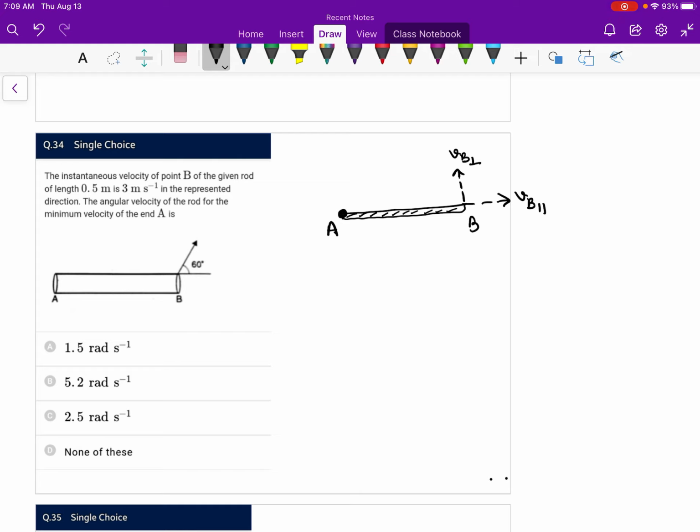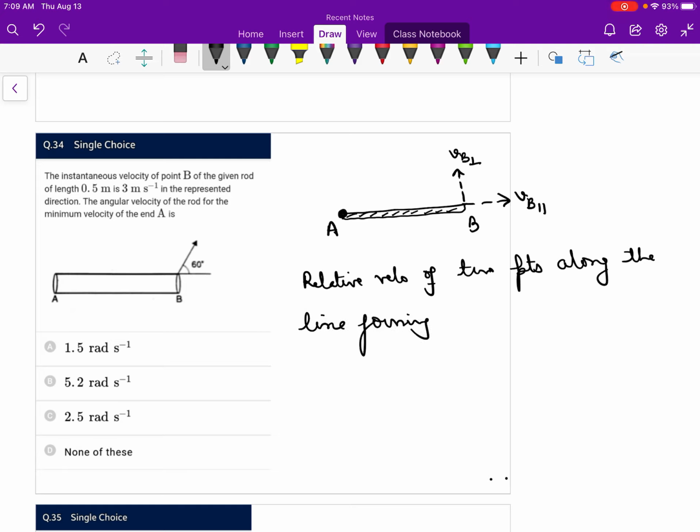Okay. So relative velocity of two points along the line joining them should be 0 on a rigid body.